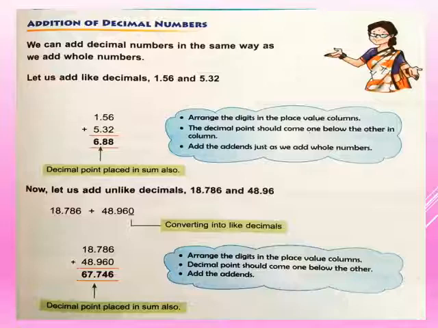So 9 plus 8 equals what? 17. Again carry 1. 8 plus 8 plus 1 equals 17. Carry 1, and then 1 plus 1 plus 4 equals 6. The decimal point is placed in the sum. So the answer of the addition is what? 67.746. In this way you can add like and unlike decimals.